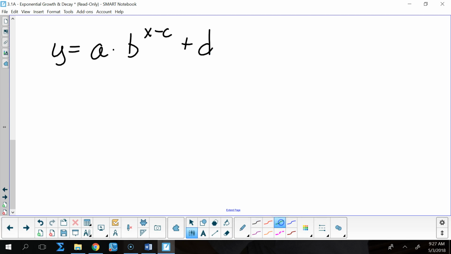So first off, let's talk about this d value here. That is going to be my vertical shift. Okay? That's going to take my entire function and move it up or down.